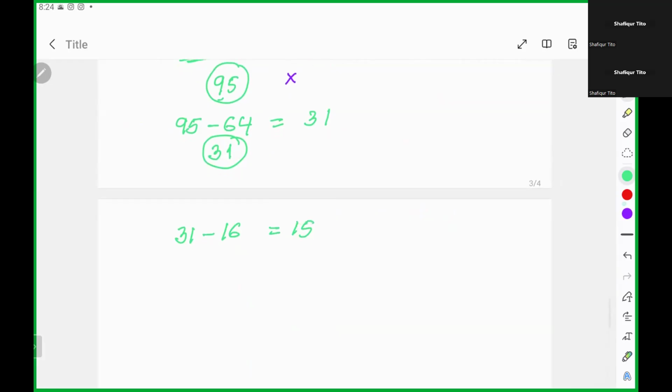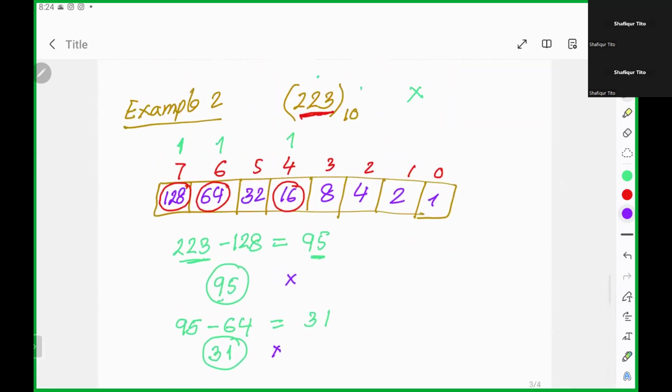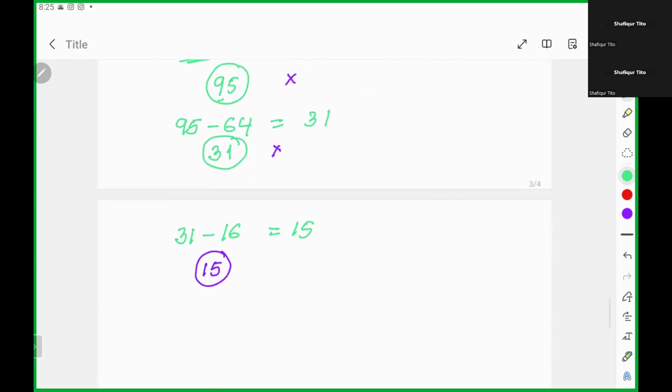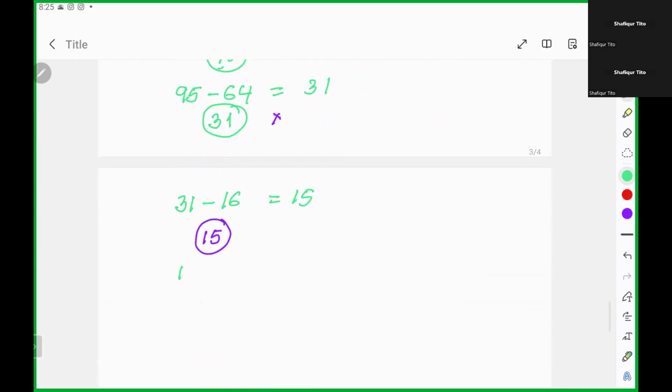So we forget about this one now. We start with 15. The next number smaller than 15 is 8. So I will have 1 here. So I subtract 15 minus 8, which is equal to 7.